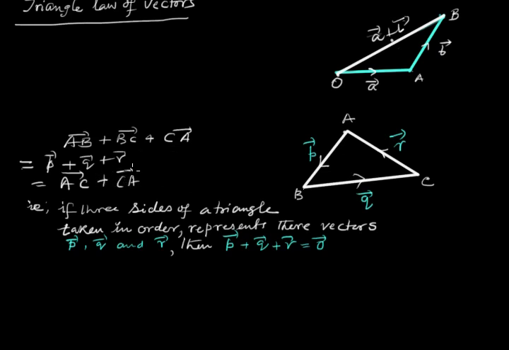So AC and CA have the same magnitude, the same length, but the direction is not the same. So you can write AC minus AC, and AC minus AC is equal to the 0 vector. So if three vectors are represented by the three sides of a triangle in order, the value will be 0.